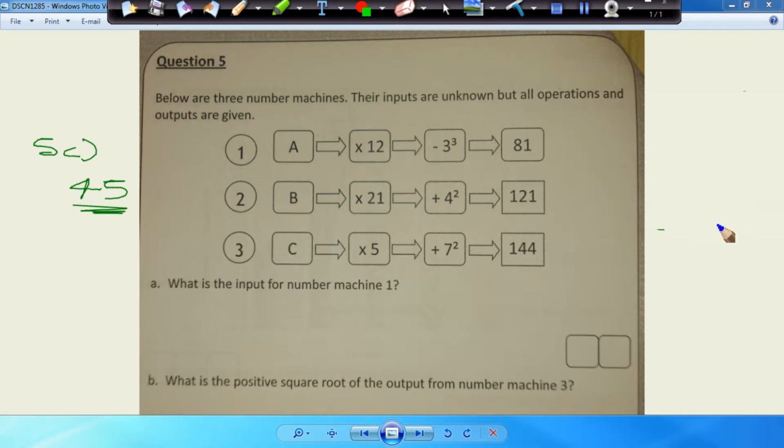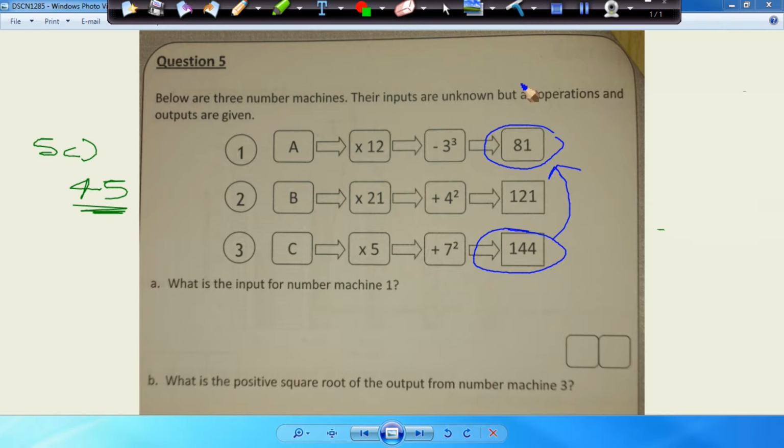So what was the output from number machine 3? 144. And what was it for machine number 1? 81. The wording says, what is the output from number machine 3 less than that one? So what do we do with these two numbers?